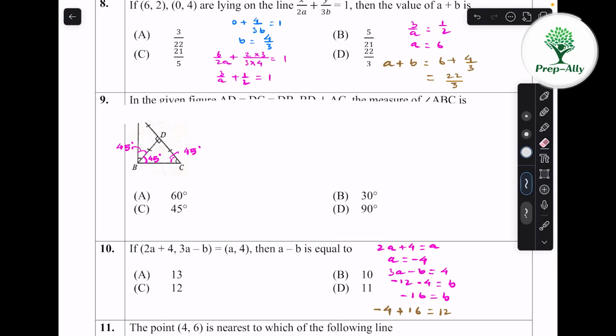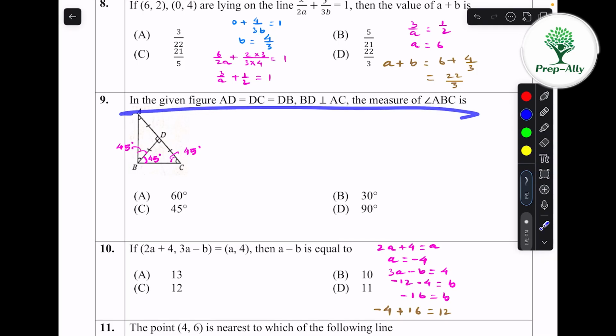See how to solve this question. Okay, here in the question, in the given figure, this equal to this. AD equal to DC equal to DB. Okay, all three equal, and BD perpendicular to AC. Okay, angle 90 degree. Then the measure of angle ABC, this angle. So now see here this equal to this, right? It is 90.